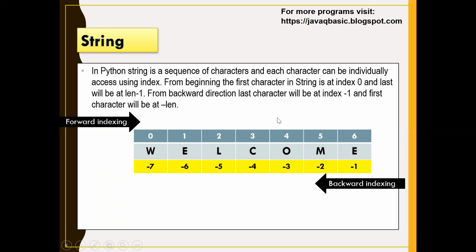So length minus 1, length we are starting from 1, 2, 3, 4 like this, and it is coming 7, 7 minus 1, 6. From backward direction, last character will be minus 1, then minus 2, minus 3, minus 4, minus 5, minus 6, and it is moving to the minus 7. And the first character will be at minus len. See, minus len. This is forward indexing and this is backward indexing.